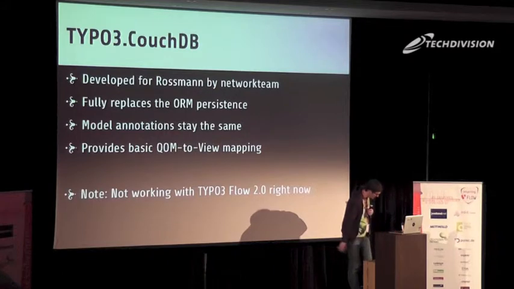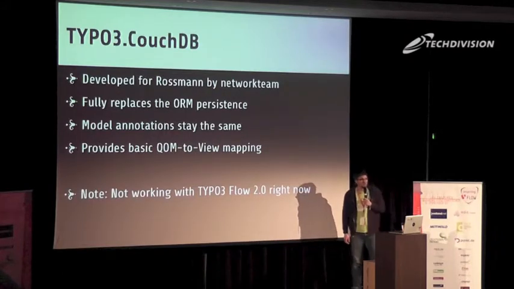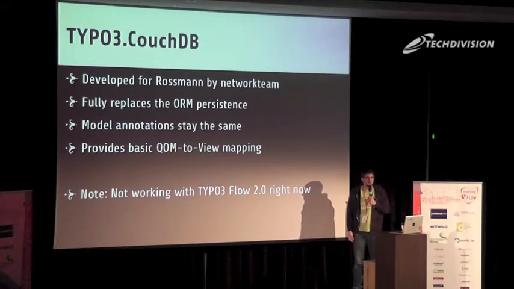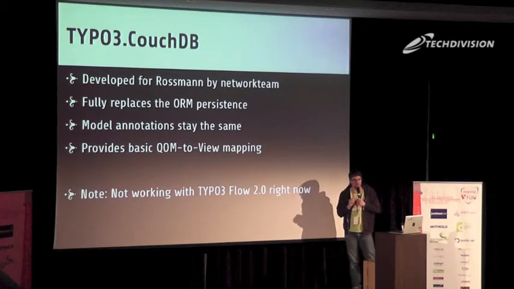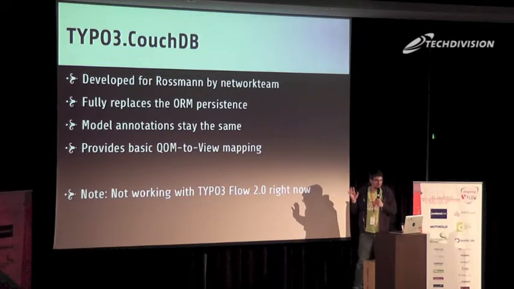So the thing is, how do you use that? Those of you who have been following Flow for a long time and are still on Flow 3 might remember the generic persistence. So one way is, you can change the persistence manager implementation as mentioned. One approach that does that is the TYPO3 CouchDB package.